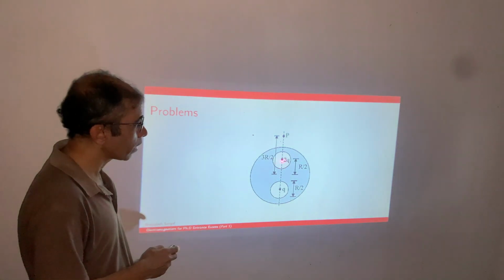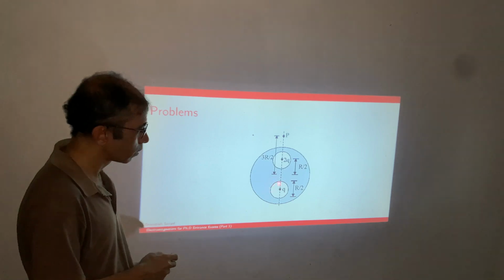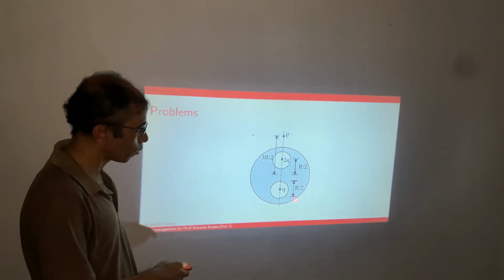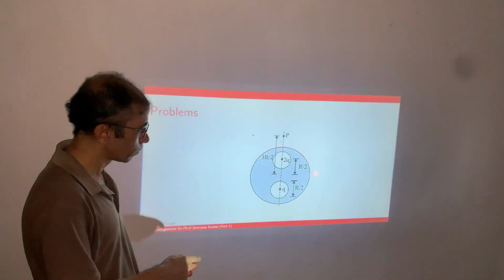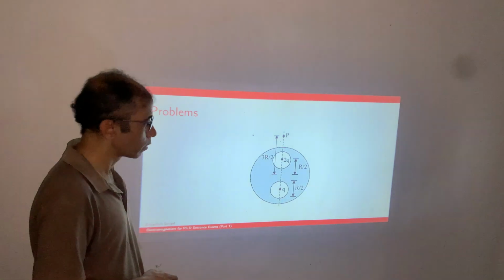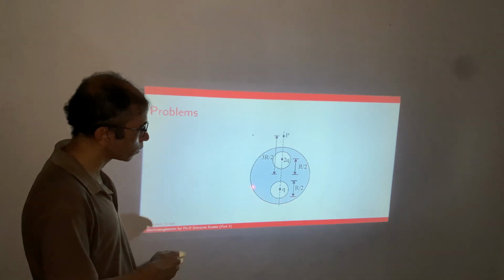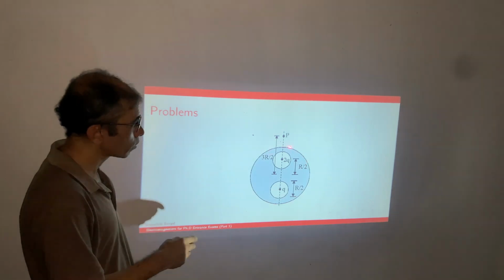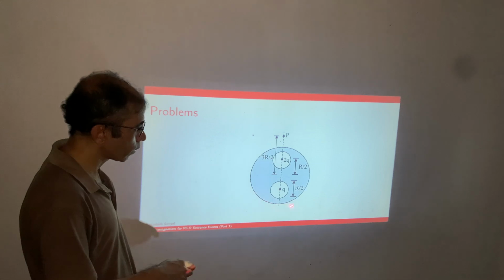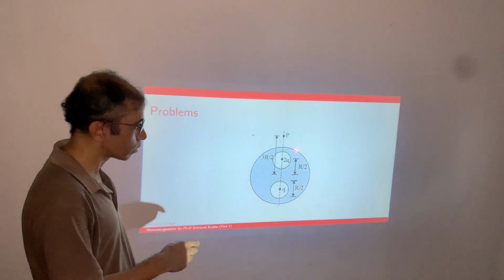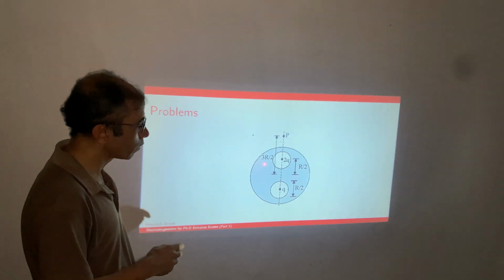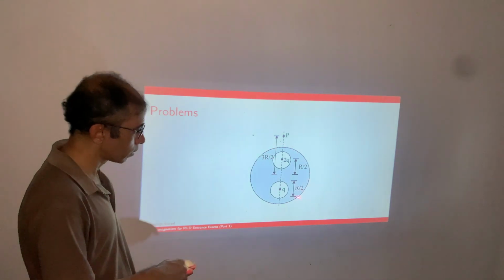And now we have extra 3q charge, so that will be spread uniformly on this sphere. And because this charge is uniformly spread on this sphere, because of this charge configuration outside on this surface, the electric field will be 0 because of this.